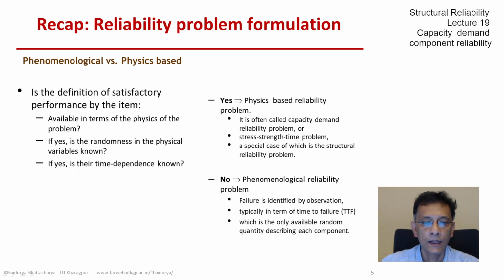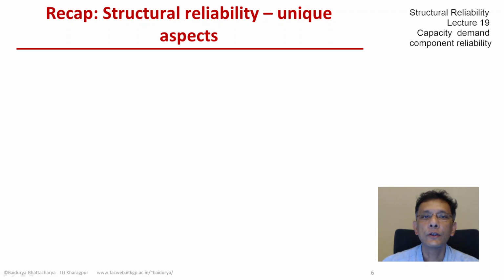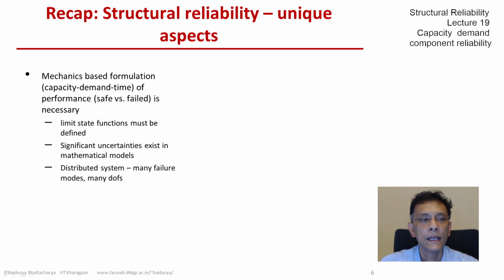So the next thing to recap would be, putting all of this together, this component versus system, or physics-based versus phenomenological, where does a structure stand in terms of reliability? The first thing to note is that structures essentially pose a problem in terms of the underlying mechanics.